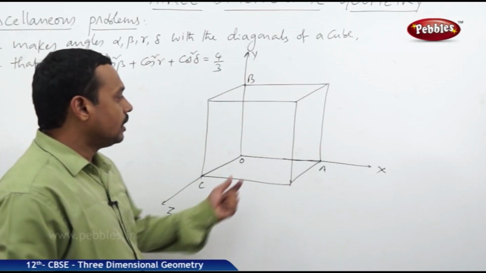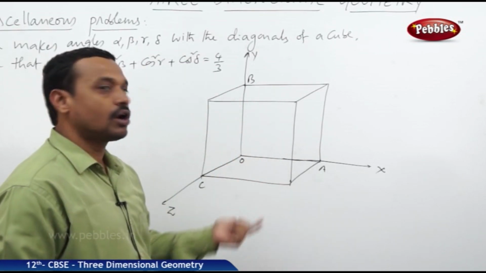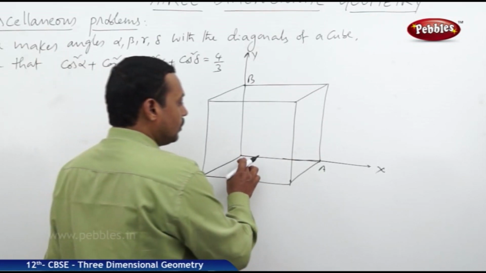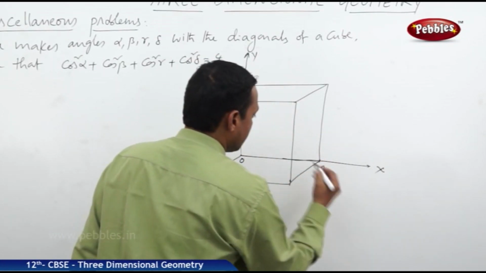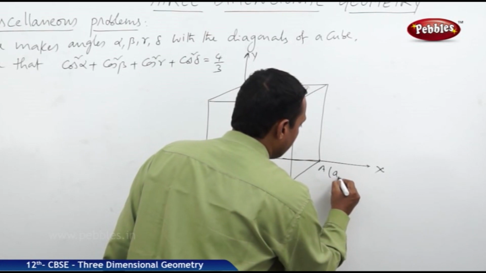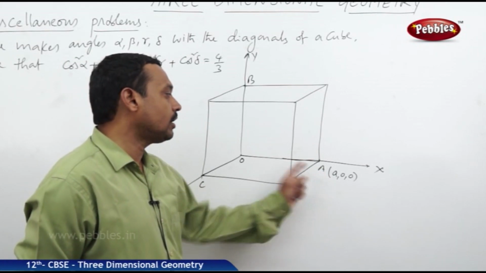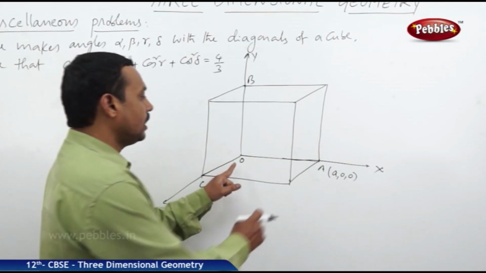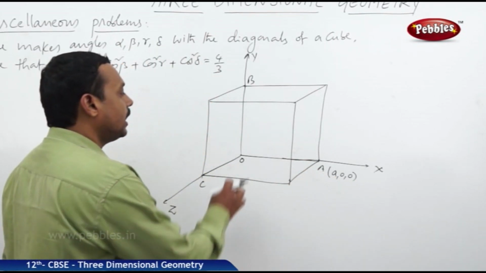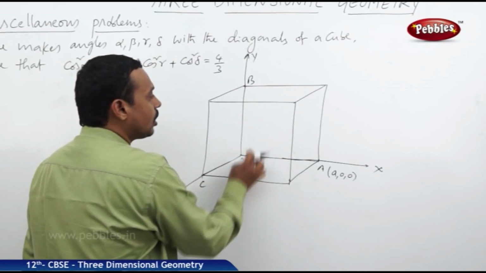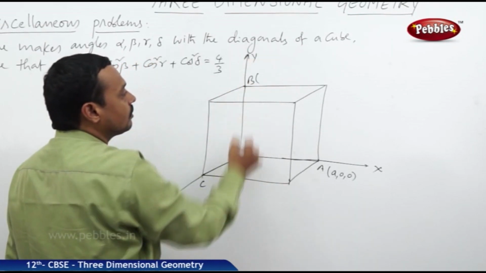So we know that the lengths of the sides of a cube are all equal. If the length of one side is A units, then the coordinates of A will be (A, 0, 0), because A is the point on the x-axis and the length of OA is equal to A. The length of OB is also A units because it is also a side of the cube, but B is on the y-axis.